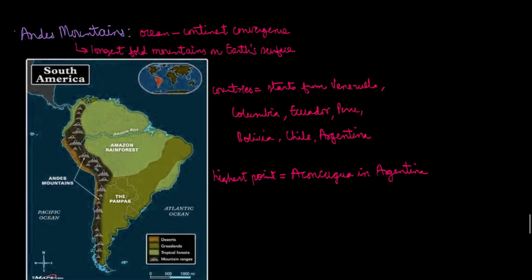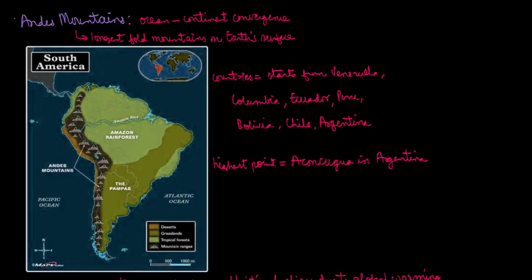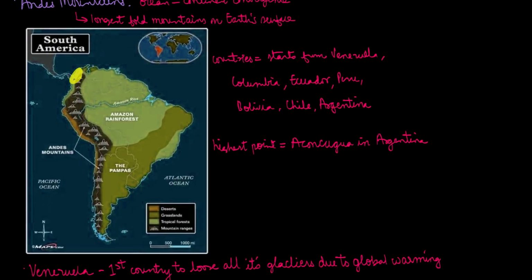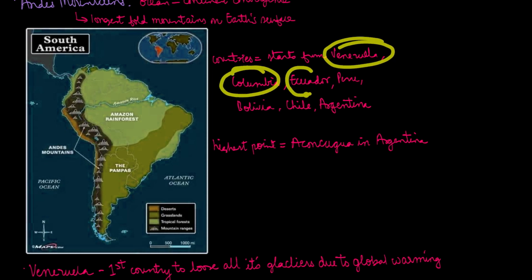The countries in which the Andes Mountains are located are, first, Venezuela, then Colombia, Ecuador over here, then Peru, Bolivia, Chile, this is Chile, then Argentina. So Venezuela, Colombia, Ecuador, Peru, Bolivia, Chile, Argentina.